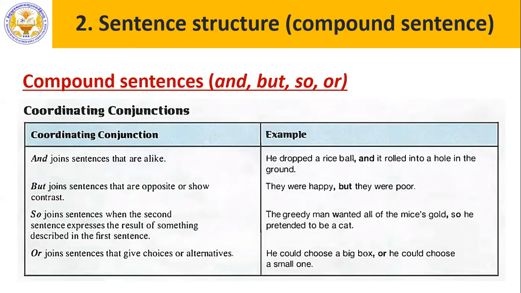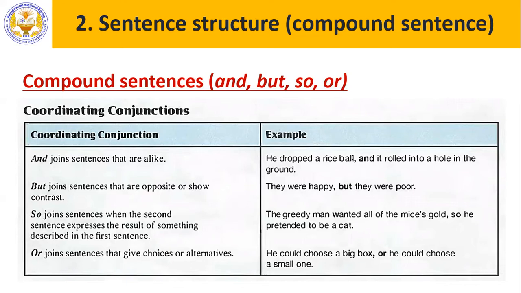So when do we use and to join 2 sentences? We use and to join 2 sentences that have a similar idea or are alike. When they are alike, with the same meaning or a similar idea, we use and. For example, he dropped a rice ball, comma, and it rolled into a hole in the ground.